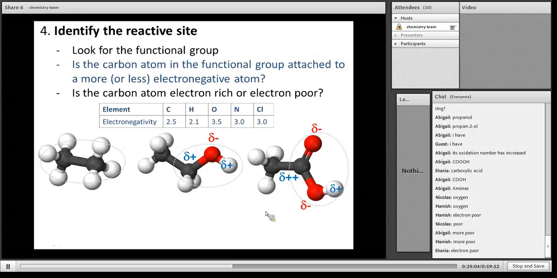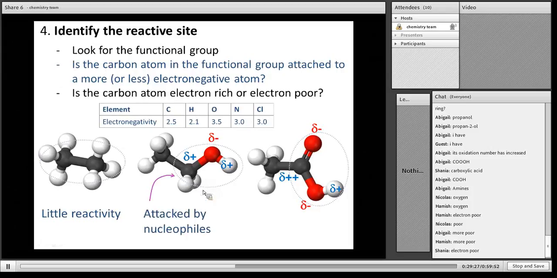So alkanes don't react very much because there's nothing that's really electron rich or electron poor. They're very non-polar. There's very little difference in the molecular dipole, so they don't actually react very much. They burn pretty much.